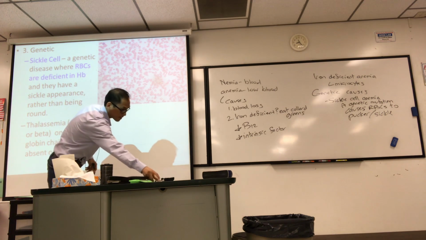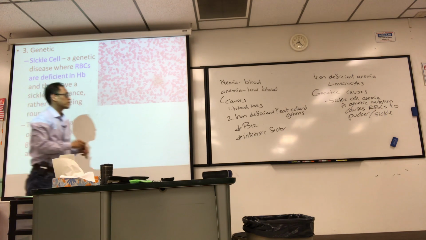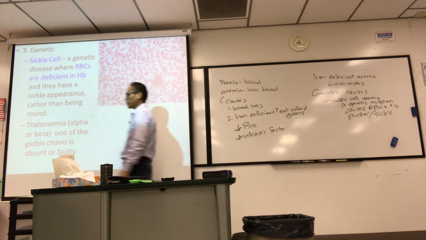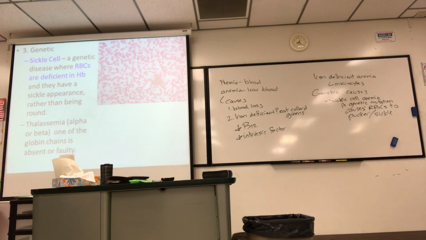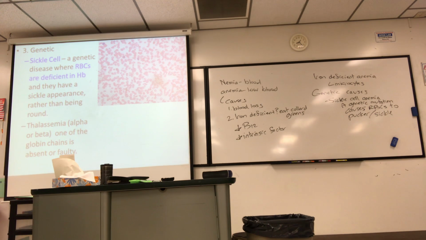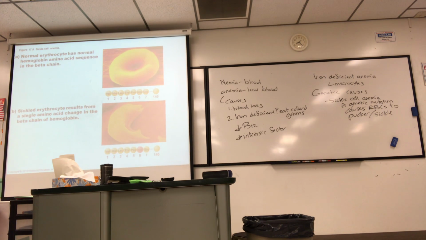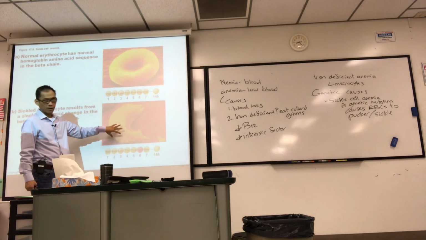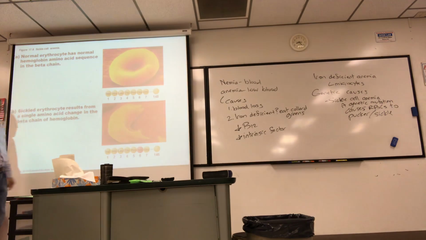Now, the gene was selected because, let me show you the mutation. So I think it's on the next slide here. The mutation is here, and it causes the whole cell to pucker. It was selected because the sickle trait conferred protection against malaria in certain parts of Africa, and so it was favorable.